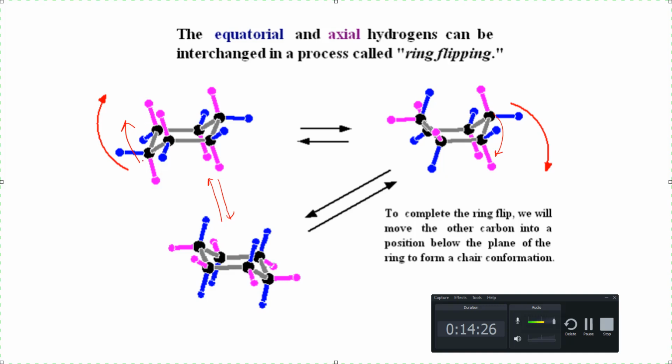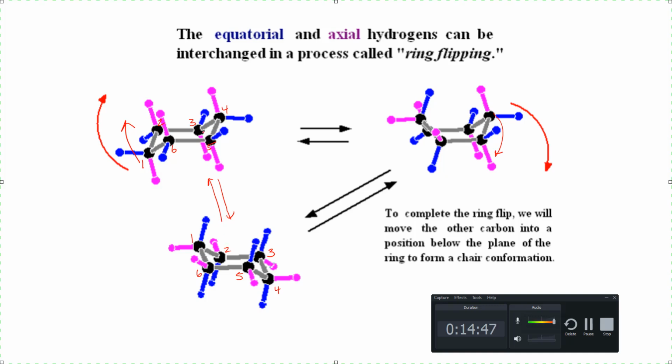So if this was carbon 1, 2, 3, 4, 5, and 6, this would be carbon 1, 2, 3, 4, 5, and 6.